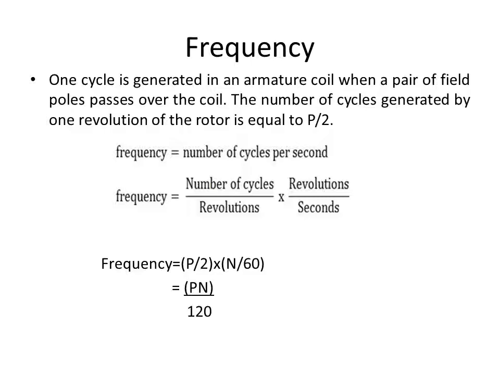If there are four poles present in the rotor, then for one complete revolution, it generates two cycles of EMF. So the number of cycles generated by one revolution of the rotor is P by 2, where P is the number of poles on the rotor in the alternator. That we need to remember.